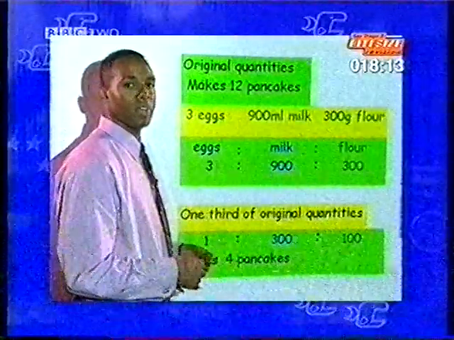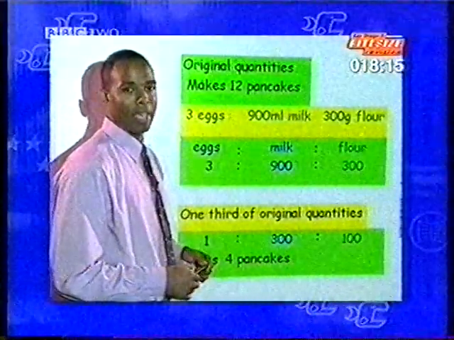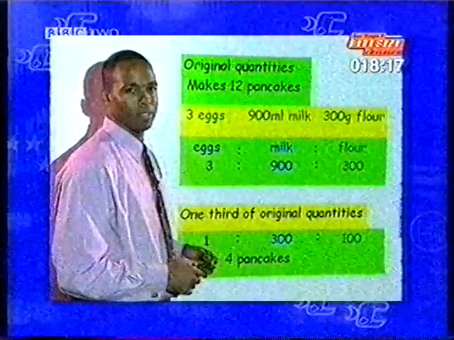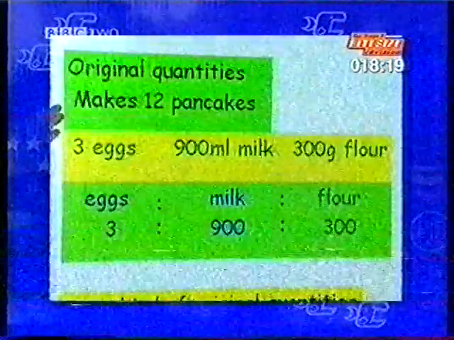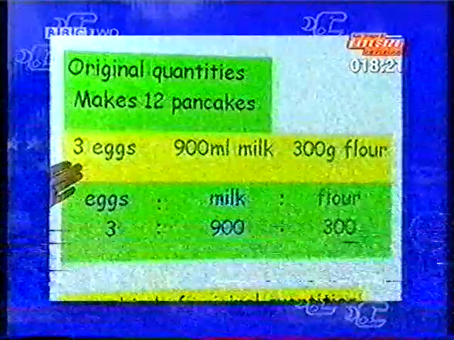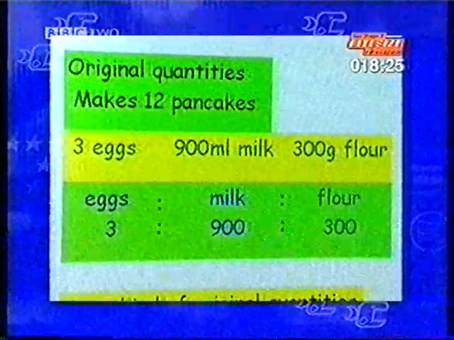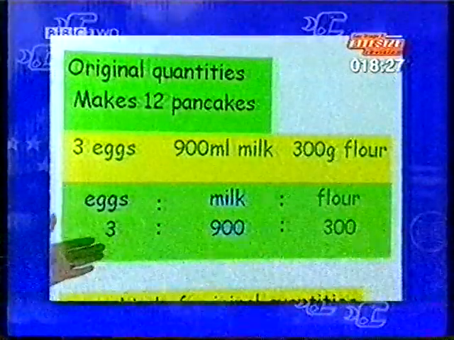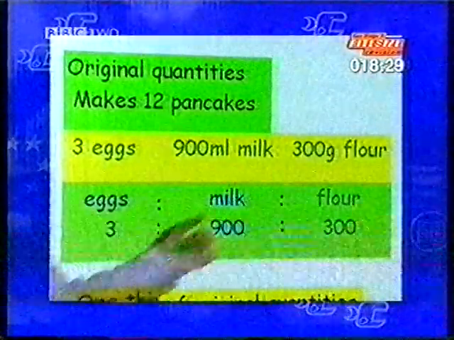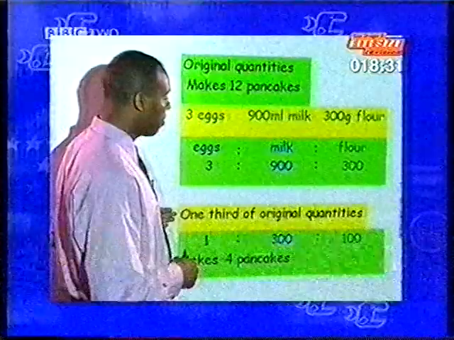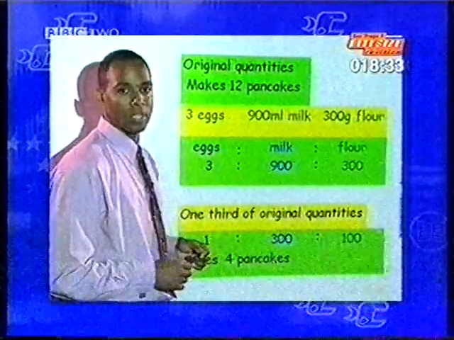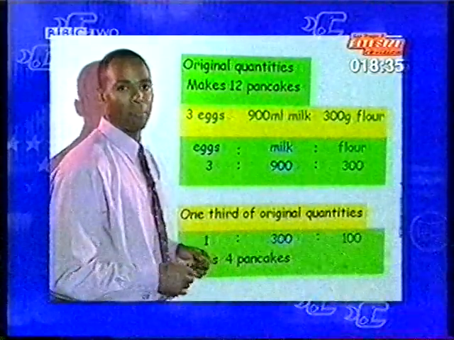Now, if we want a third of the original number of pancakes, let's remind ourselves of the original quantities. To make 12 pancakes, it was 3 eggs, 900 millilitres of milk, and 300 grams of flour, and the ratio was 3 to 900 to 300. Well, with 1/3 of the original quantities, we will get 1/3 of the number of pancakes.